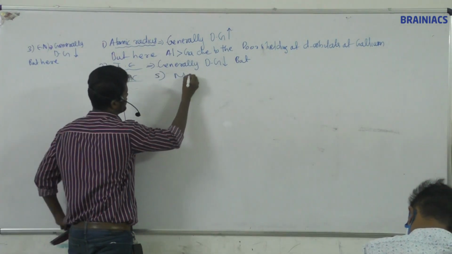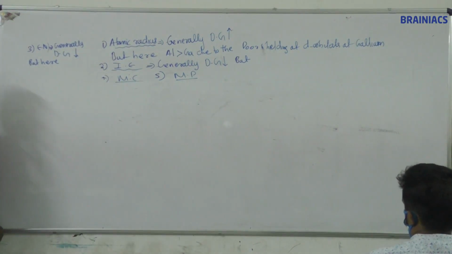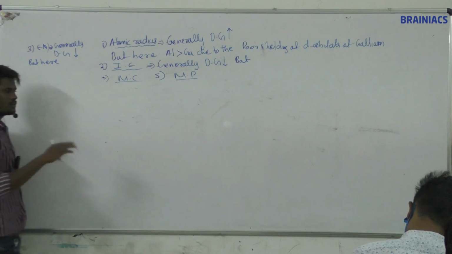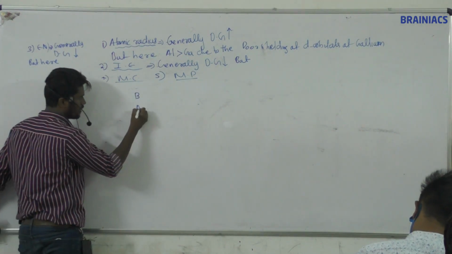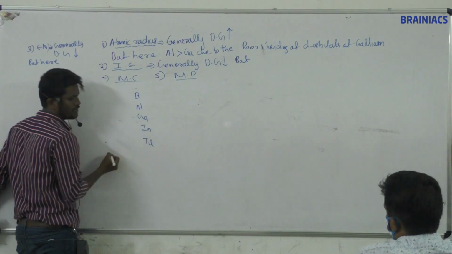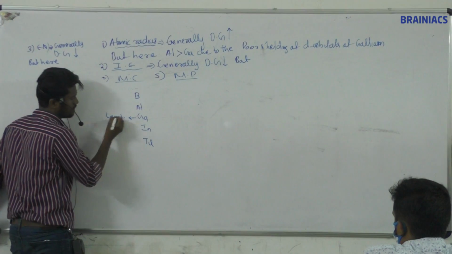Next one is melting point. First we have to remember boron, aluminum, gallium, indium, and thallium. Which has the least melting point? Gallium.